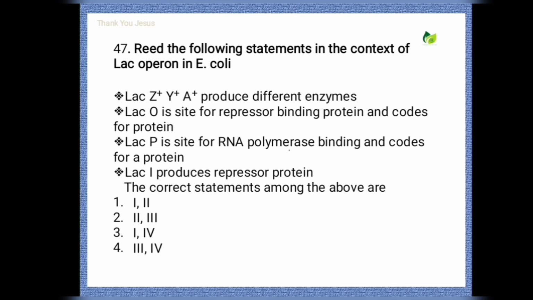Fourth, lac I produces repressor protein. Among these we have to pick the correct statements. So answer is third option: first and fourth statements are correct regarding the lac operon in E. coli.